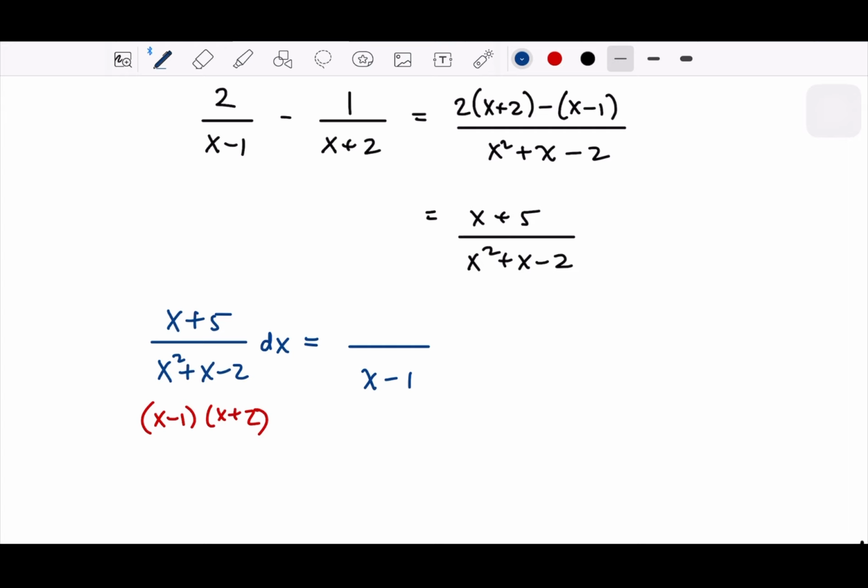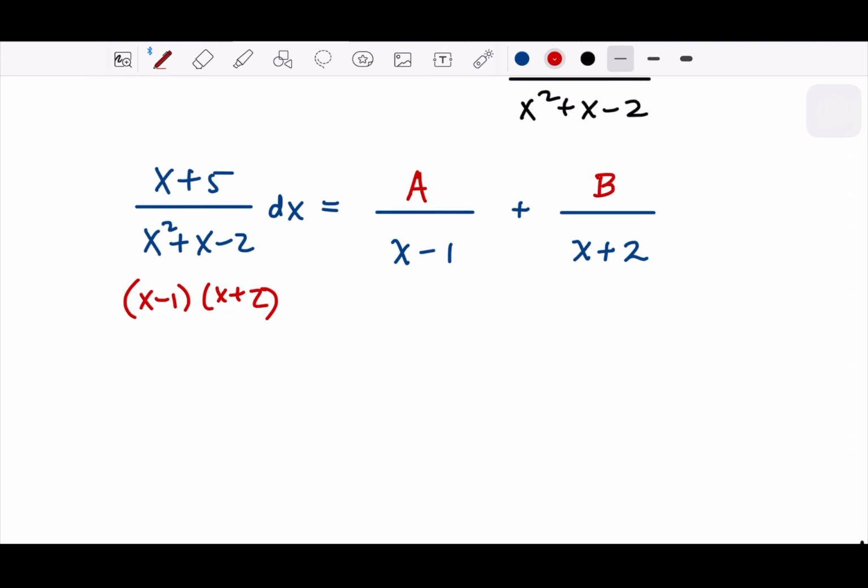Let me write here: make it two small fractions that have denominators x minus 1 and x plus 2, with constants a and b in the numerators. Then we are going to write an equation that can be computed for a and b.